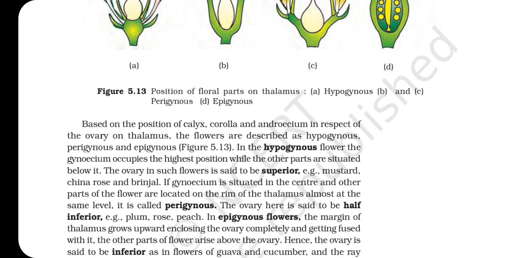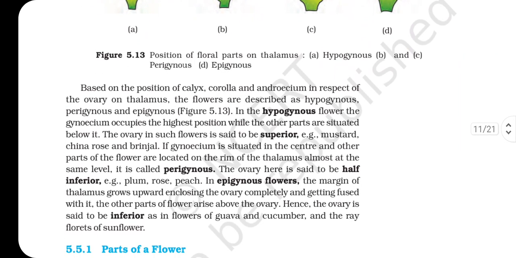The ovary here is said to be half inferior, as in plum and rose. In epigynous flowers, the margin of the thalamus grows upward, enclosing the ovary completely and getting fused with it. The other parts of the flower arise above the ovary, hence the ovary is said to be inferior, as in the flower of guava and cucumber, and the ray florets of sunflower.